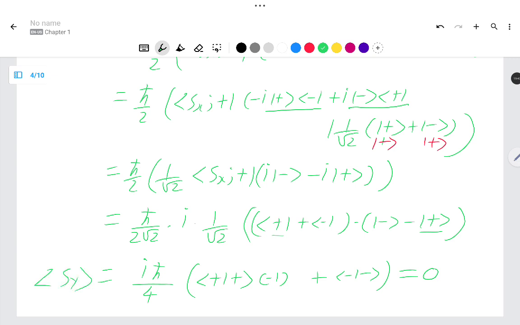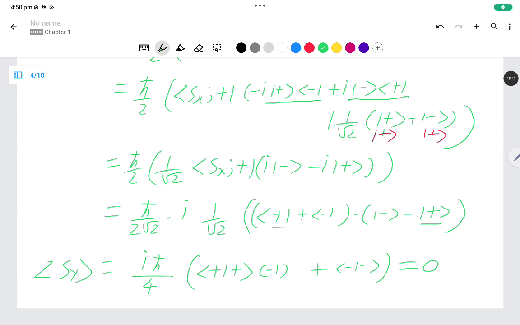So Sy is also 0, right? We can expect that because these are not eigenstates of Sy.